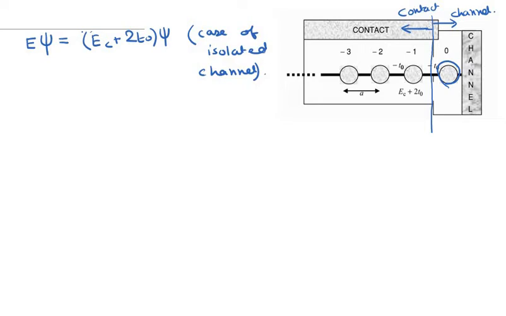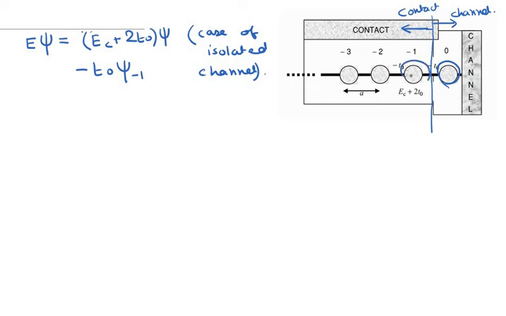Now once we couple it to the contact, what would this equation look like? We assume that the coupling between these two atoms is negligible, so an electron cannot directly move from here to here. Assuming that the channel atom is coupled to its nearest atom, we would have minus T0 psi of minus 1 over here.